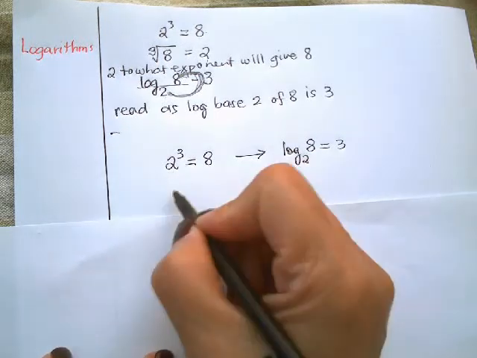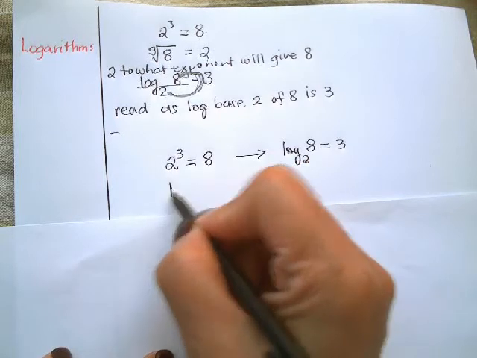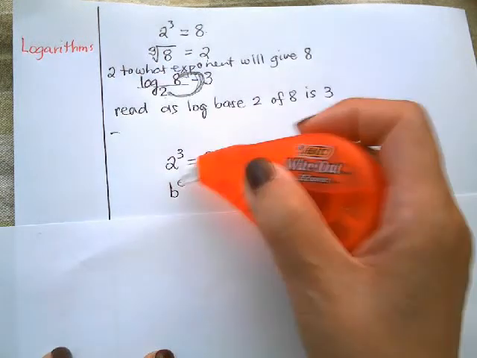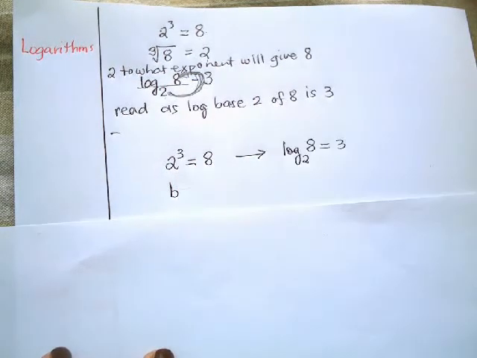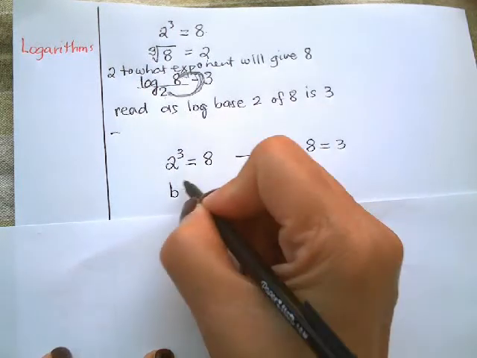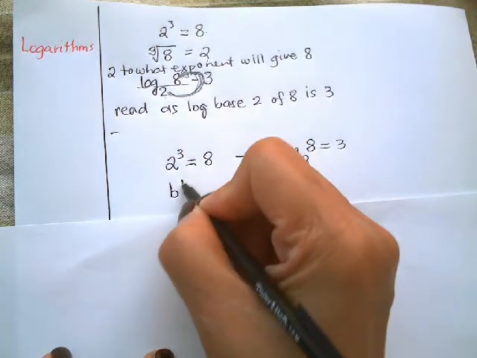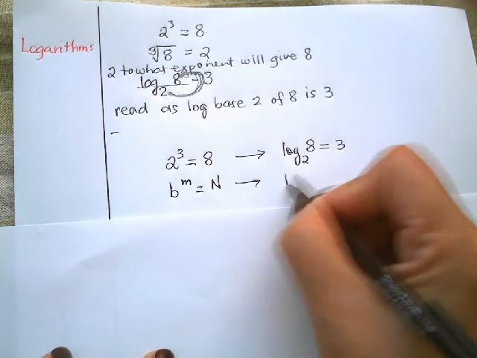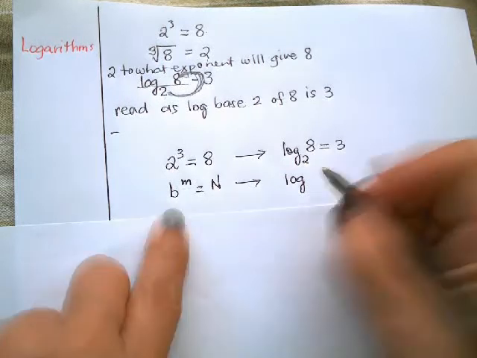So let's say base to an exponent. Let's not use e because we just started e. You could use any base, let's say b to the m, any letter, equals n. You will write that as log base, what is the base here?